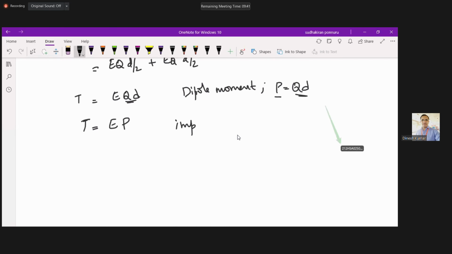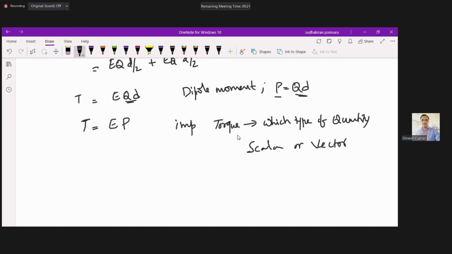Torque is which type of quantity, whether it is a scalar quantity or vector quantity? Can anyone tell me?